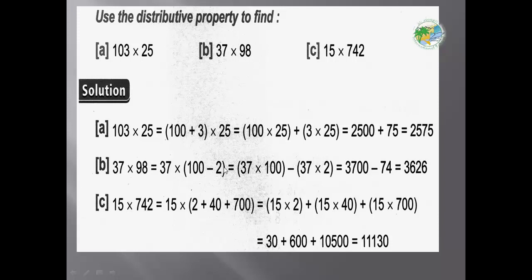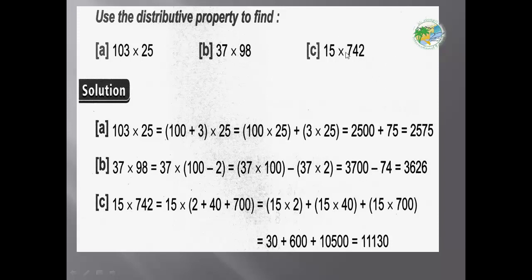Then we write minus. 98 is 100 minus 2, times 37. So outside the bracket 37 times 100 minus 2. Then distribute: 37 times 100 minus 37 times 2. 37 times 100 equals 3700, minus 37 times 2 equals minus 74, equals 3626.